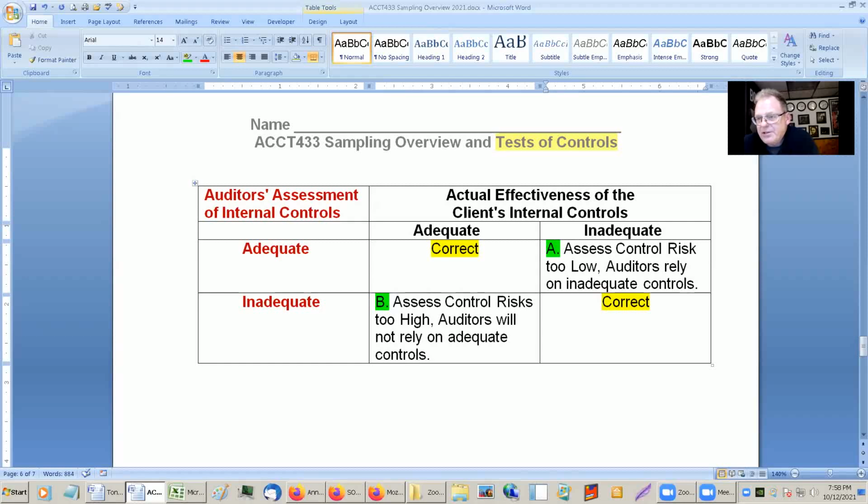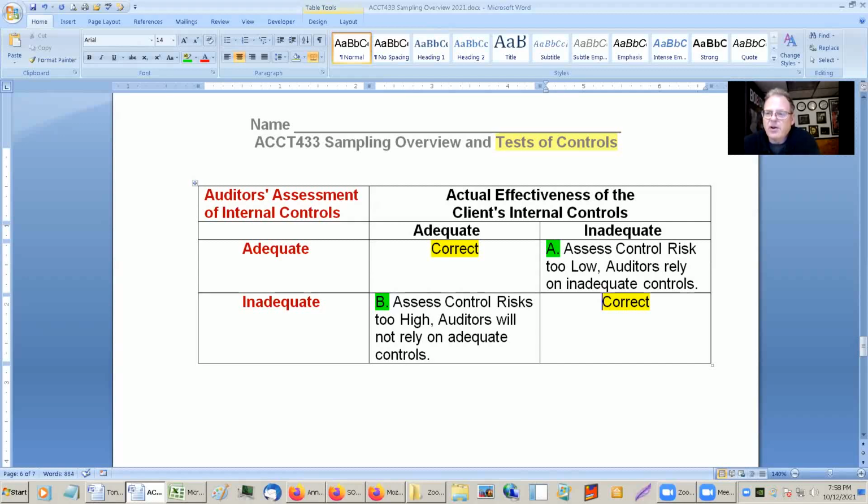Which one has the most danger to it, A or B? Actually, it's A. Because with A, you think everything is okay when it's not.